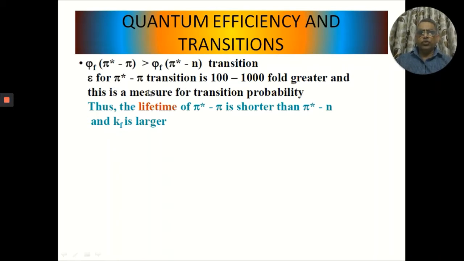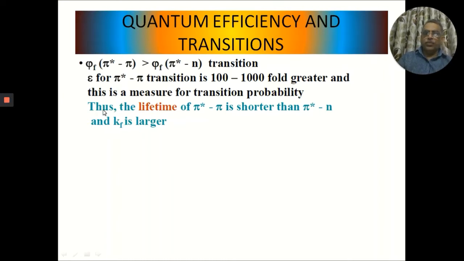When you recall your electronic spectroscopy understanding, transition probability is given by the oscillator strength. Oscillator strength is directly proportional to the molar extinction coefficient. So you can really see that the pi to pi star transitions have higher transition probabilities, resulting in higher quantum efficiency also.